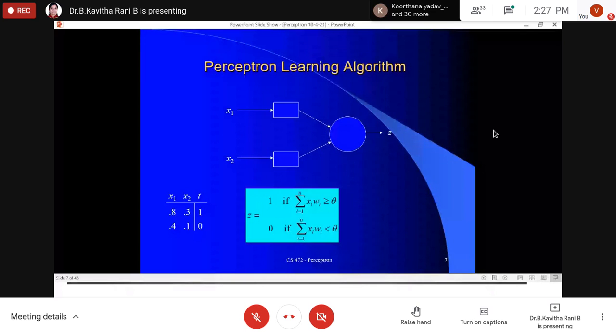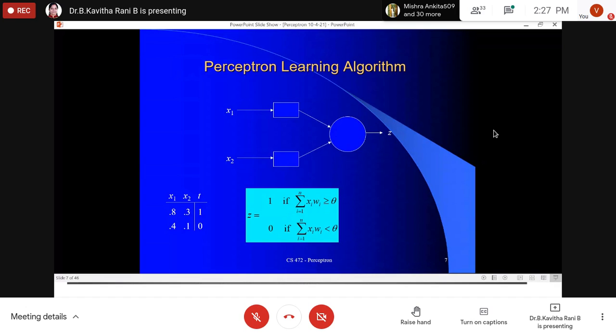So input values are having 0.8, 0.3, 0.4, 0.1. So these are the two input values we are having under the data set. So what is your target function? For your first row, the target function is 1. And for second row, the target function is 0.